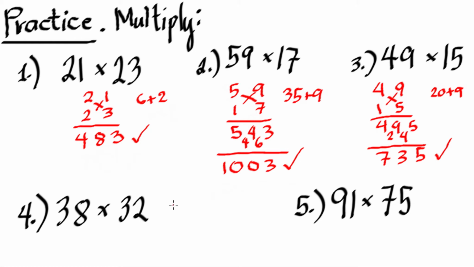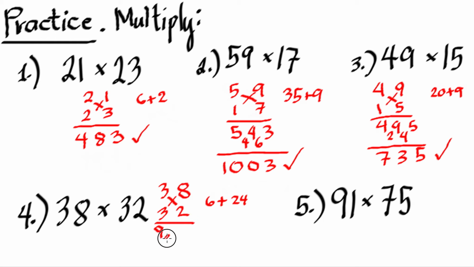Let's proceed to number 4 now. I will write it here so that we can see all the other answers. 38 times 32. Vertically first, 3 times 3 is 9. Then crosswise, 3 times 2 is 6. Add that to the product of 8 times 3, which is 24. So 24 plus 6 is obviously 30.